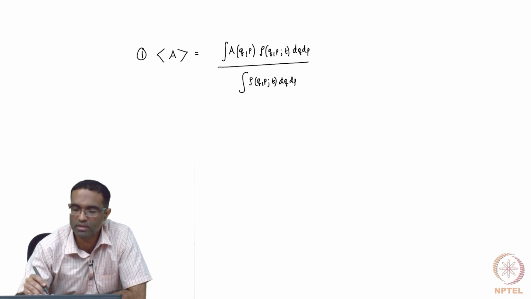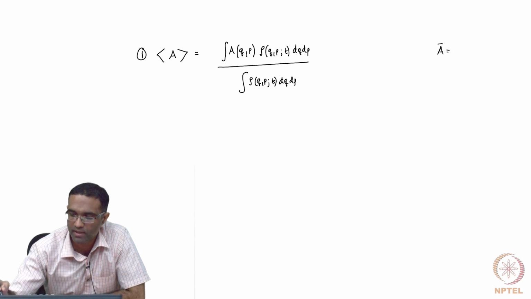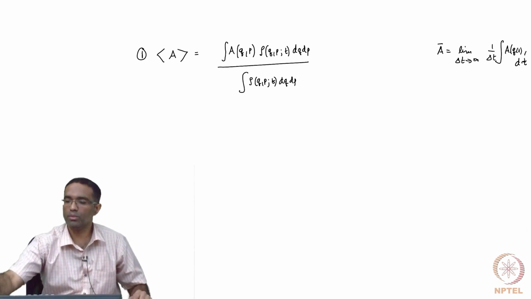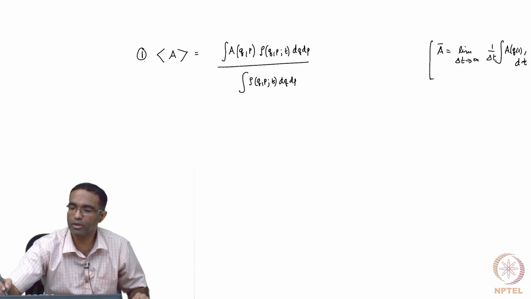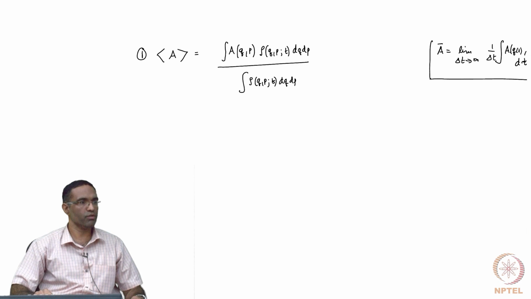The reason we brought this into the picture was we had another expression that looks something like this: limit delta t tends to a very large quantity, 1 over delta t, integral of A of q of t, p of t, dt. To evaluate this, it is important for us to know how q and p evolve with time. For a complicated system comprising a very large number of atoms, it would be impossible to theoretically solve for the variation of q and p with time.